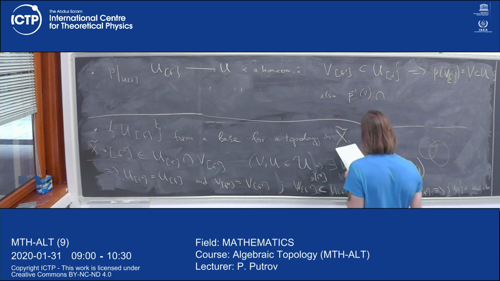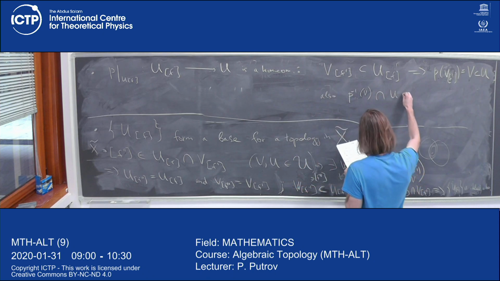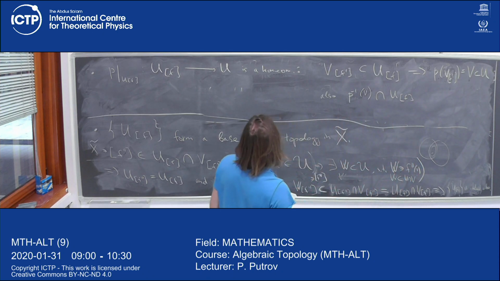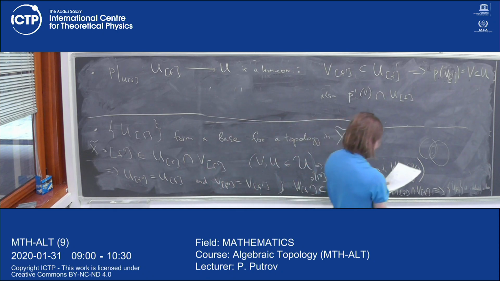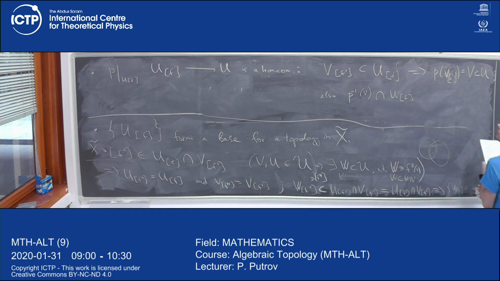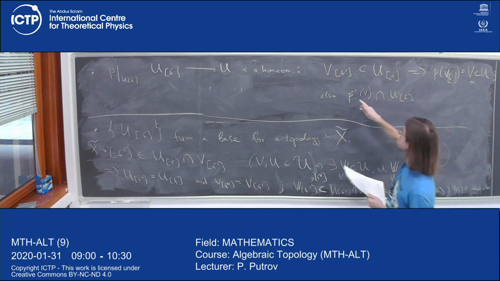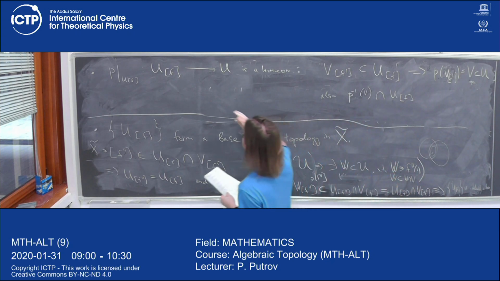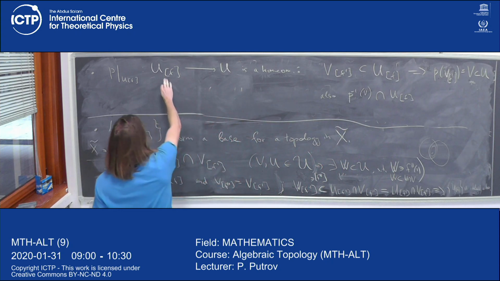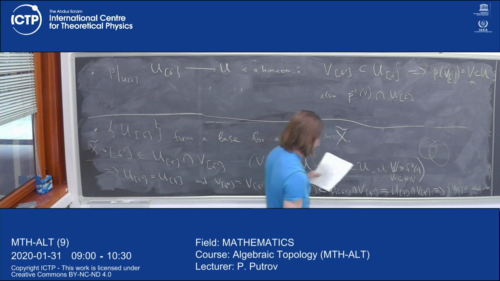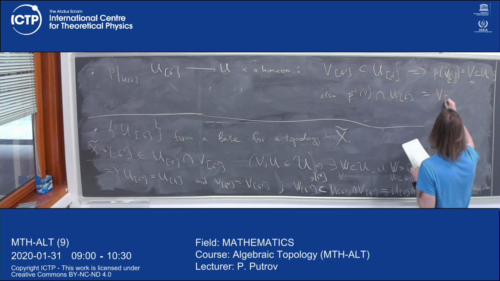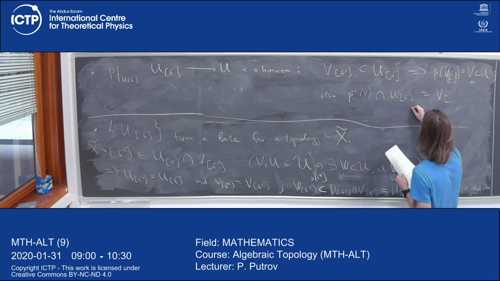This means that if I consider the inverse of P restricted on V, this just means the restriction to this subset where it's a bijection.